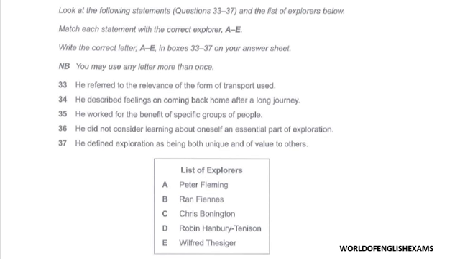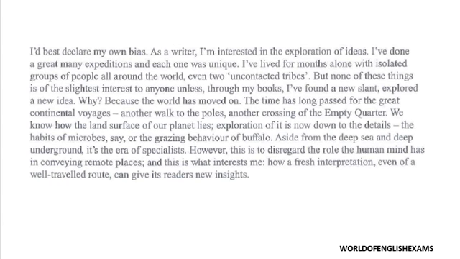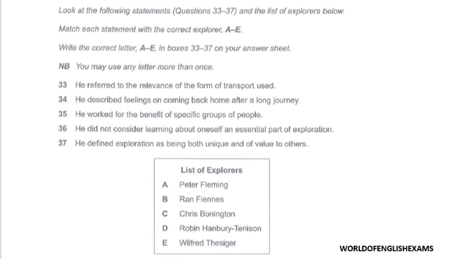So when you see the list of explorers, you must consider yourself very fortunate because we are going to learn a time saving technique to answer these questions. There are two ways to answer this question. Some test takers will read the questions, try to understand them, go to the paragraph that contains the information and match the person to the given question.